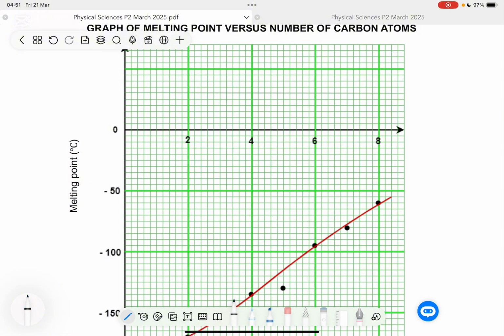I'll just use a black pen to write that, and it's important for me to write these things because I know in the questions they might require me to read off these numbers. So somewhere here we have 1 carbon atom, and the same is true for this interval here as well. We are going to add the 3rd carbon atom.